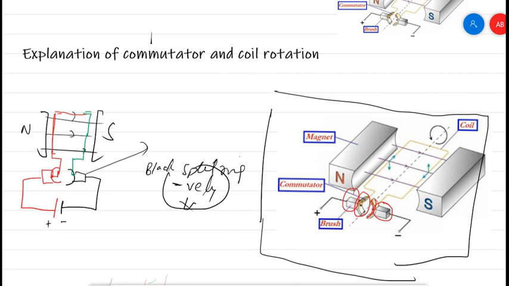Same thing with the red. What is red? Red here is a red split ring. The red split ring is positive. Keep in mind now that this is negative, this is positive. It means if this is positive, what will happen over here? Here the current will be in the upward direction, conventional current.